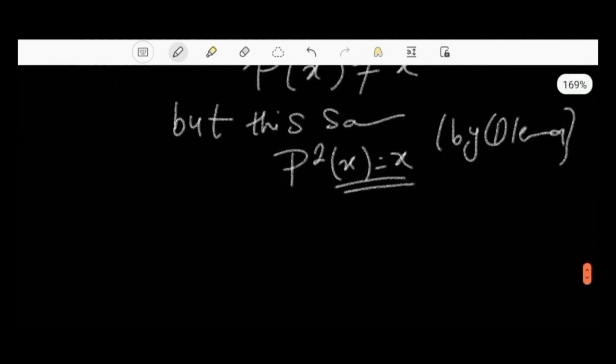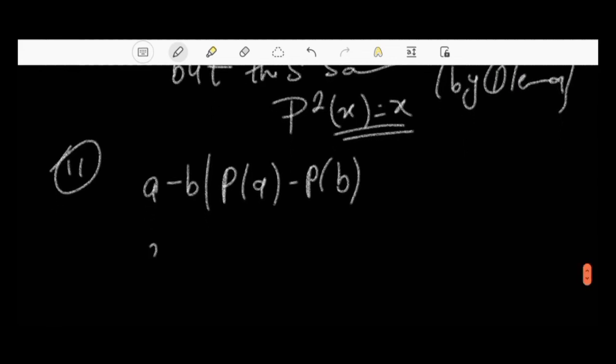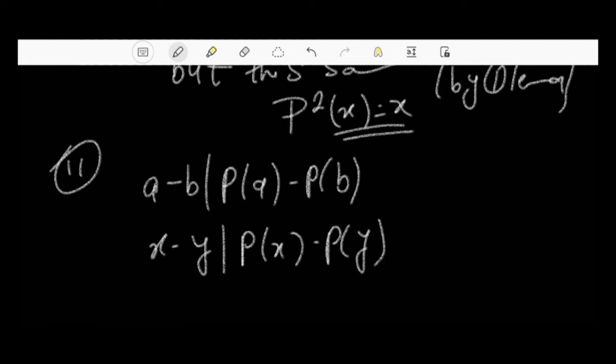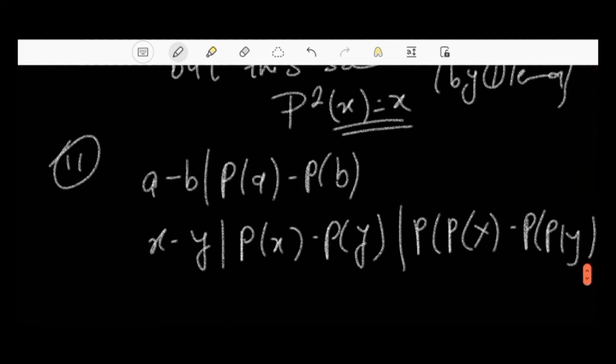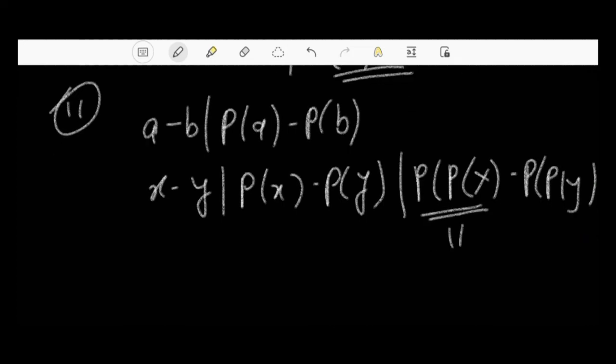And now we can use our second lemma, which is a minus b divides P(a) minus P(b). So we can say that x minus y divides P(x) minus P(y), and this simply divides P applied to P(x) minus P applied to P(y), and we know that this is equal to x and this is equal to y.